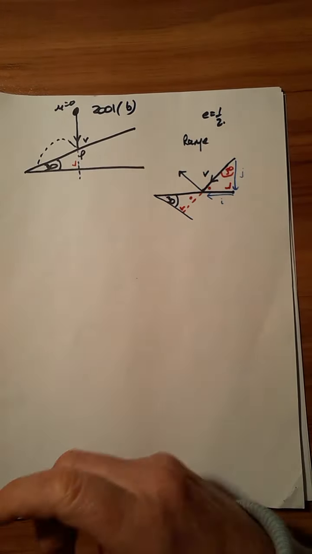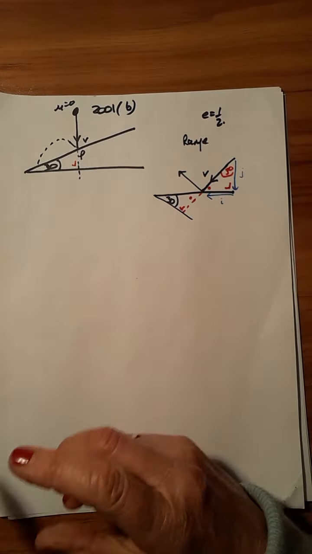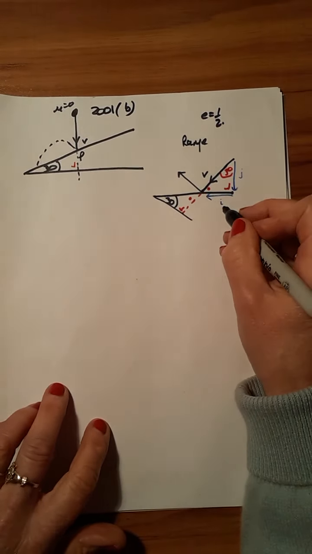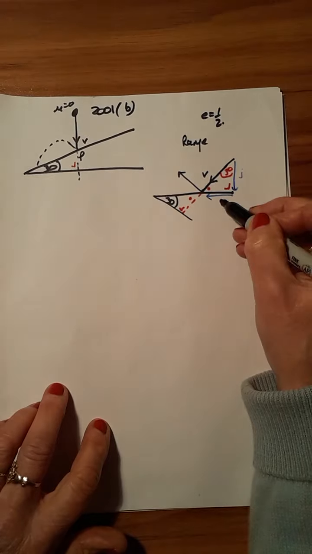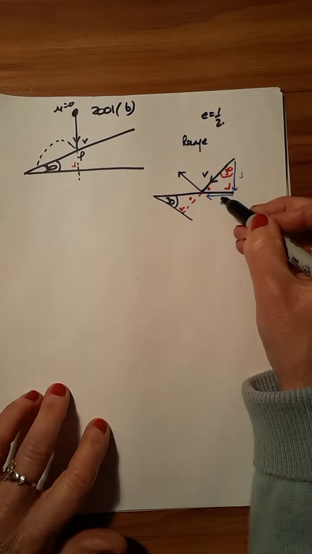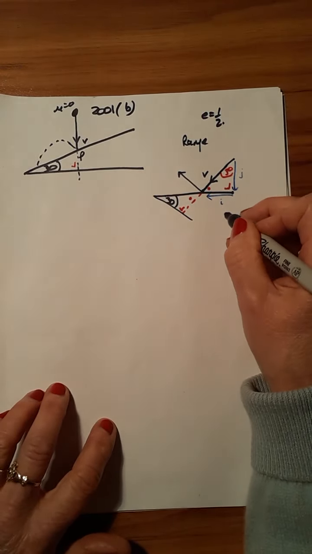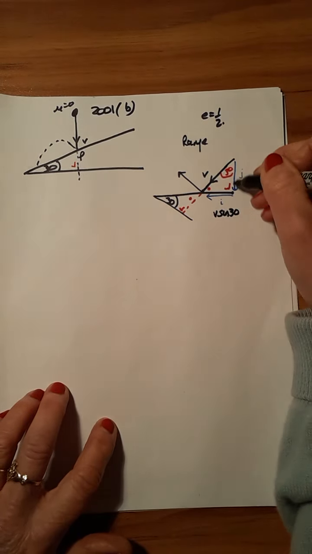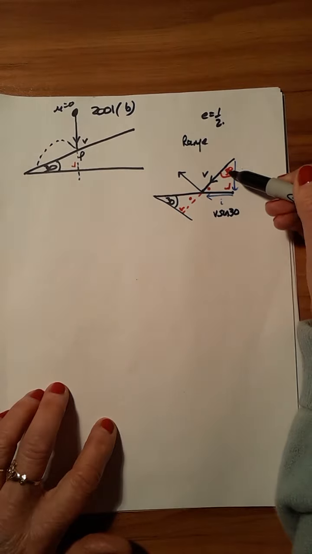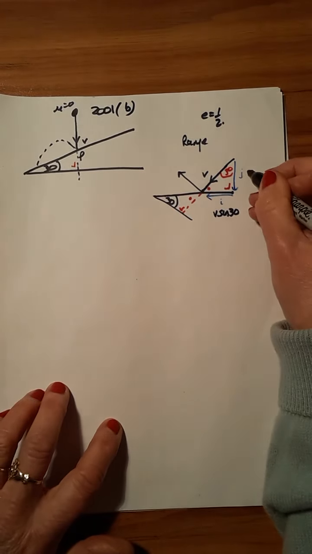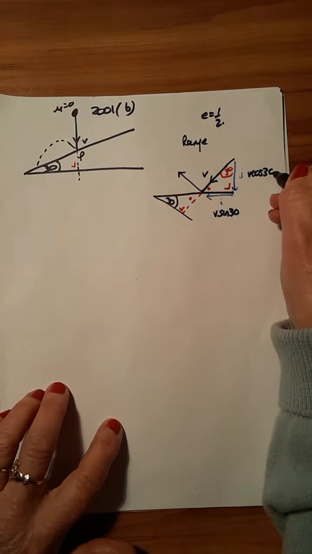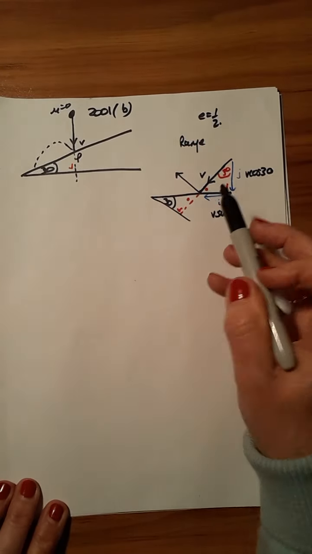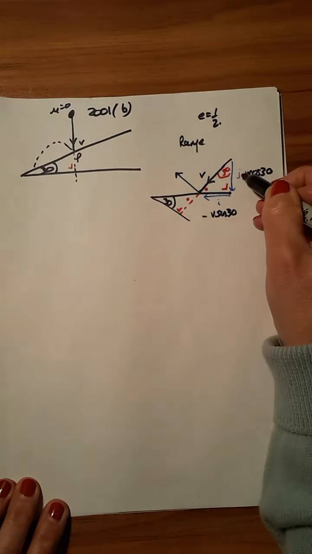Okay, so that means that my incoming velocity then is, this i component is opposite the angle 30. So this i component is going to be v sine 30, and the j component, because it's adjacent to the angle, is going to be v cos 30. Okay, so they're my two incoming velocity components. Of course, this is in the negative direction and this is also in the negative direction.